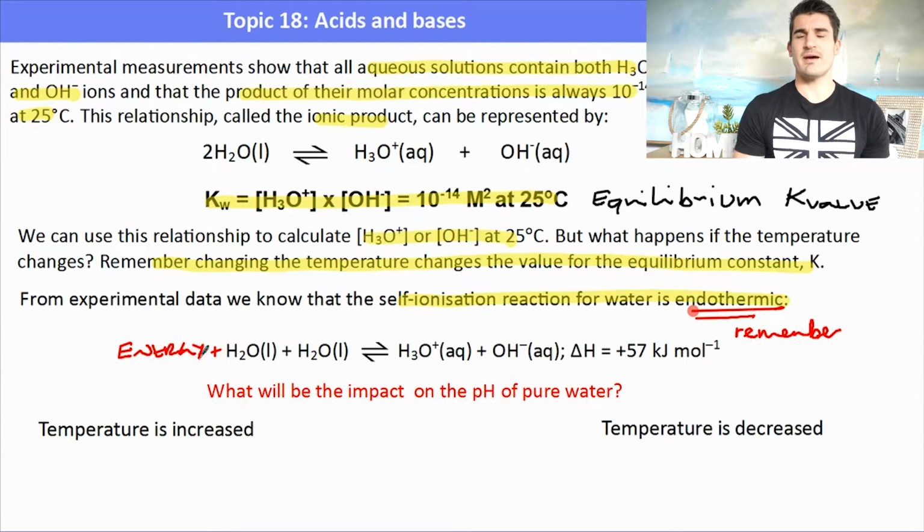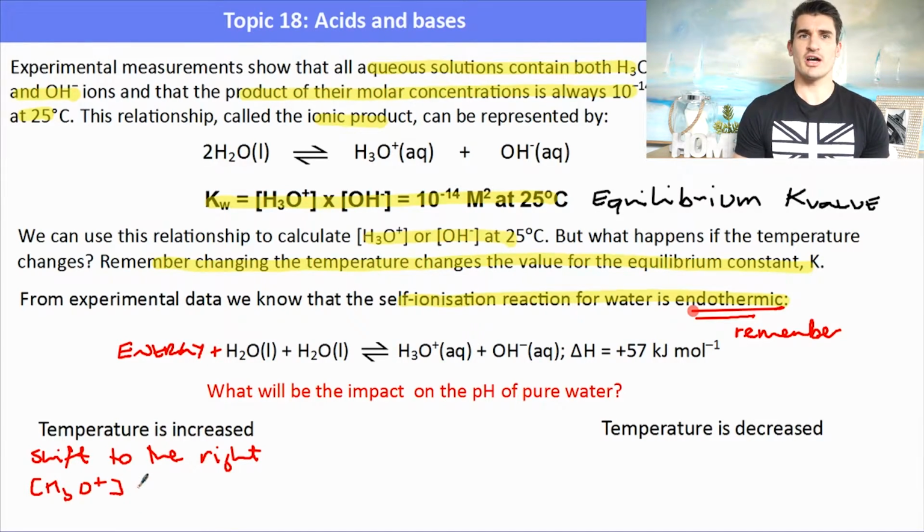So what would be the impact on the pH of pure water if the temperature was increased? Okay, well, if we increase the temperature, the system would like to adjust to reduce the temperature. So that means the equilibrium expression is going to shift to the right. What does that mean for the concentration of H3O plus? Well, it means it's going to increase.